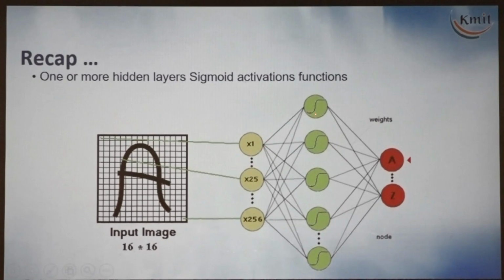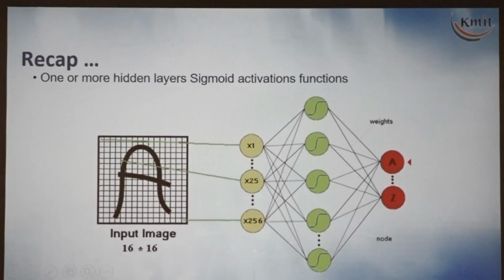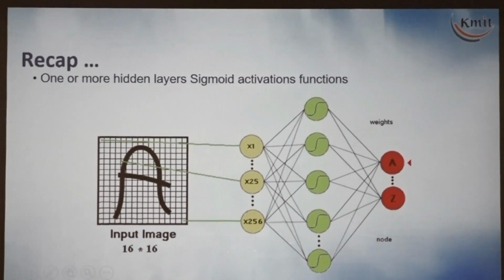And for each node, you should have that many. X is 256: 256 for this, 256 for this, 256 for this. In that way, if you have 5 nodes, then 5 into 256 parameters are required. If you increase the number of layers and the number of units, there will be weight explosion.